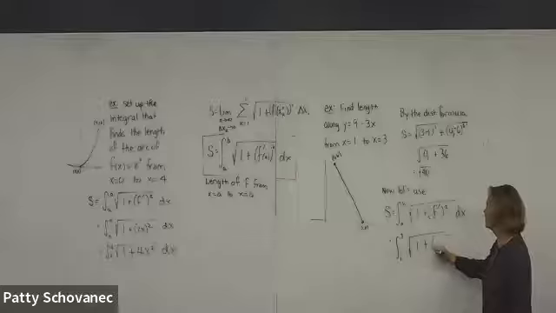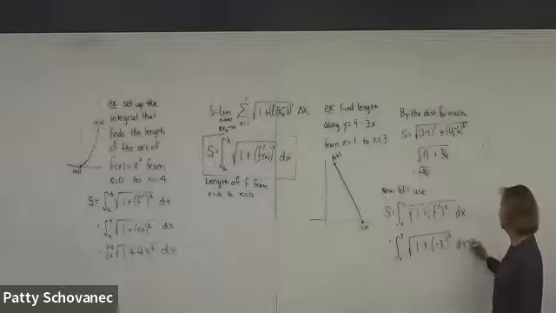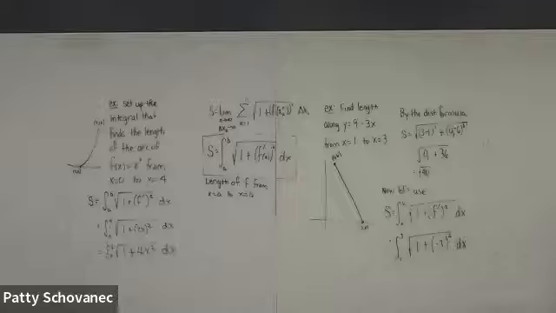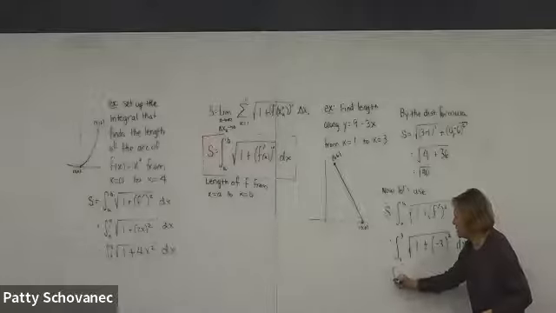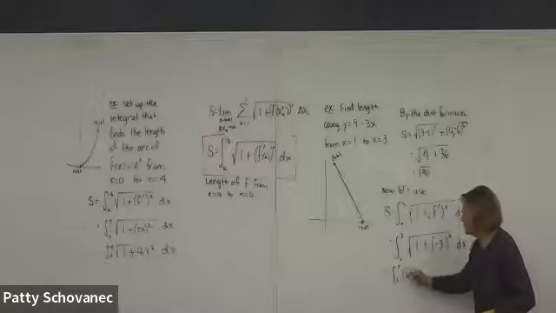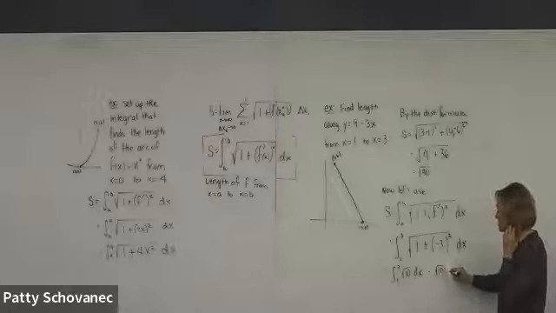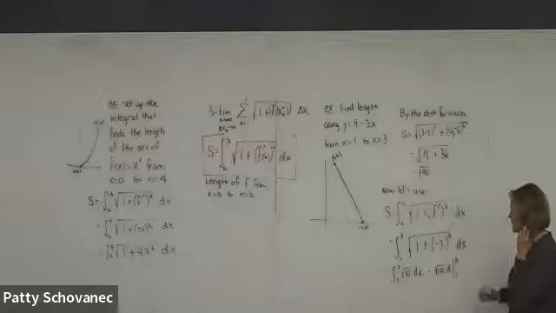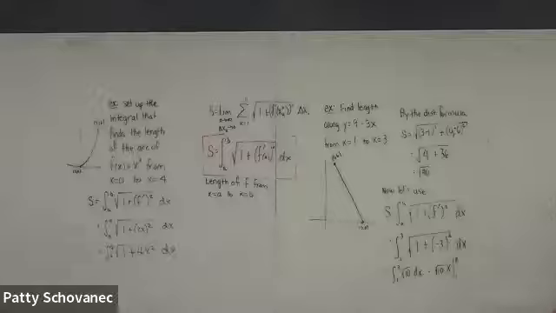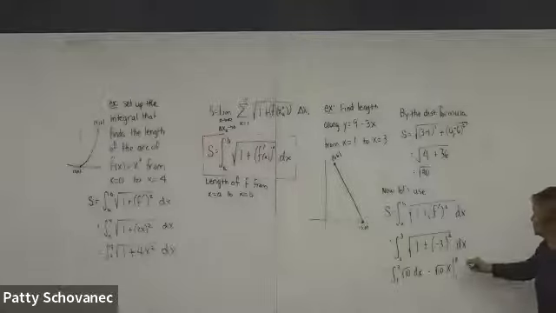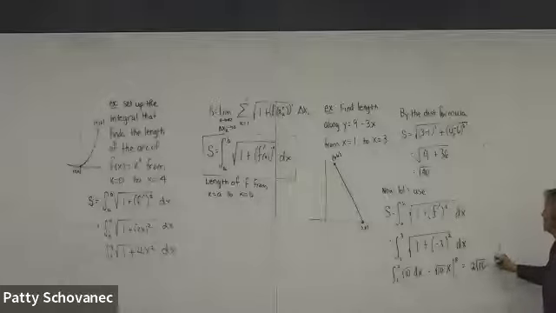What's the derivative of that function? Negative 3. So my integrand's constant. It's the square root of 10. So I'm integrating the square root of 10. Then I just get the constant times x. And when I put the 3 and the 1 in there, I'm going to get 3 minus 1. 3 minus 1 is 2, so I get 2 times the square root of 10.